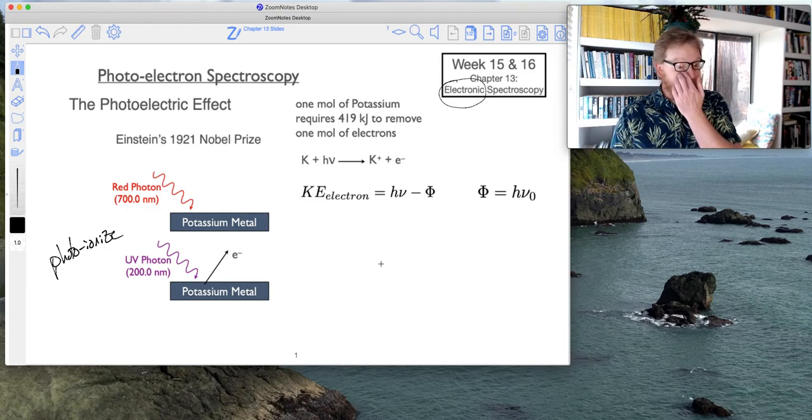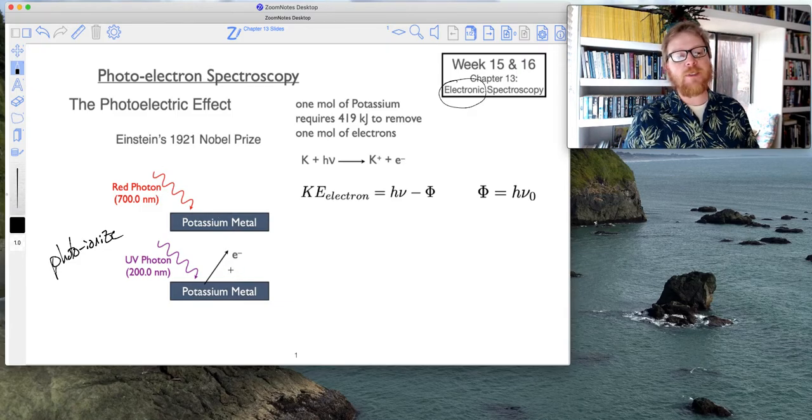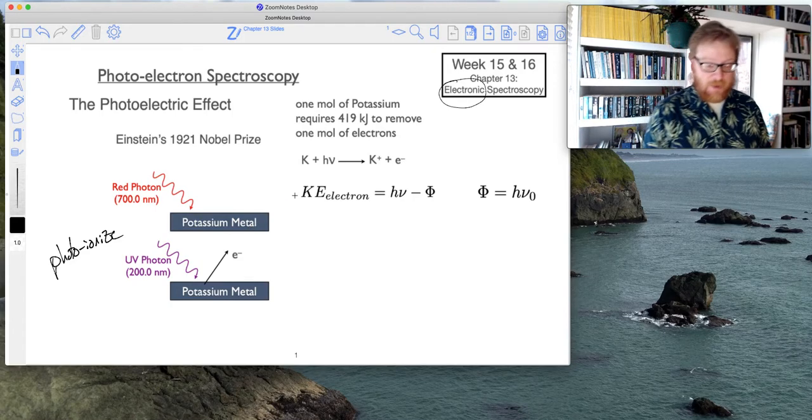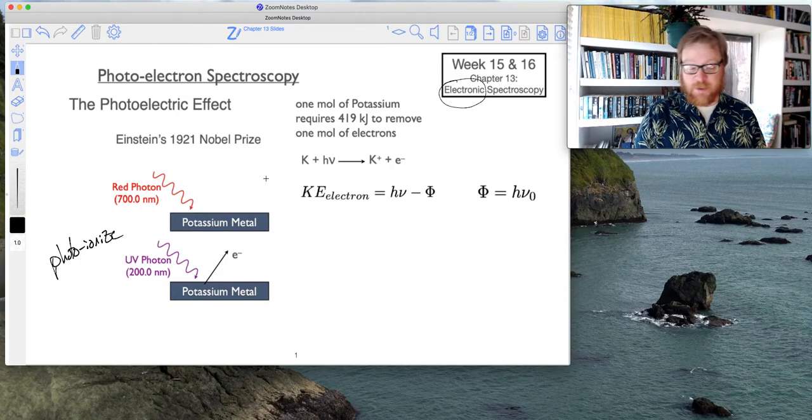Okay. So if you recall, if you shine light with a certain frequency, that frequency has to be sufficiently large enough to induce photoionization. Okay, so for example, if you shined red light, 700 nanometer light on potassium metal, nothing would happen. It's not enough energy to ionize the potassium.